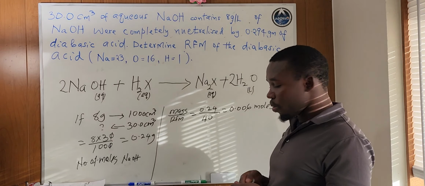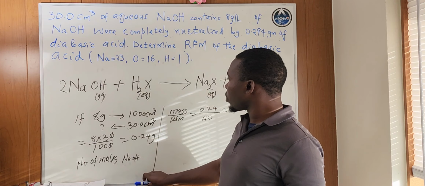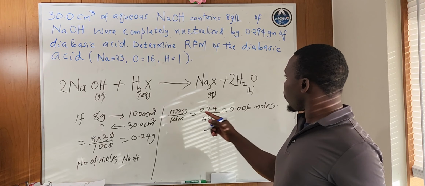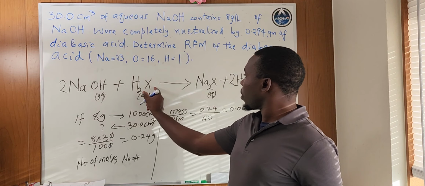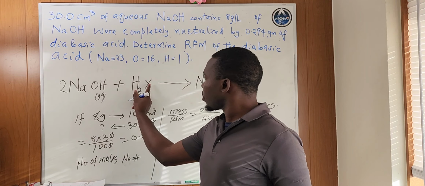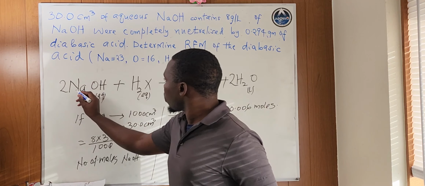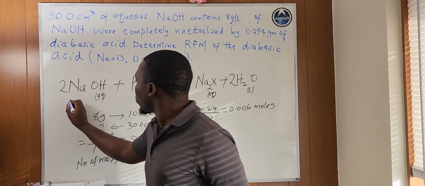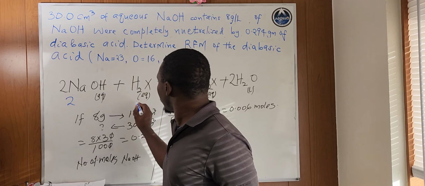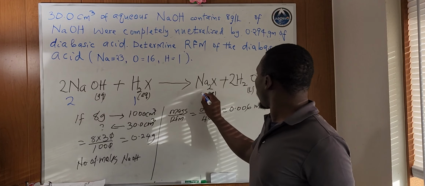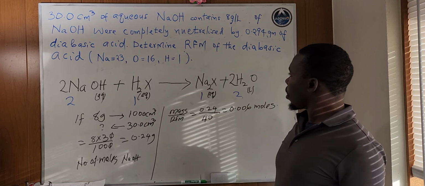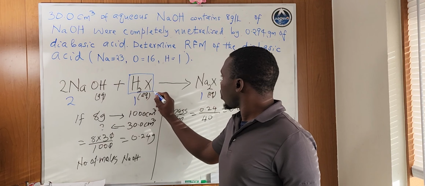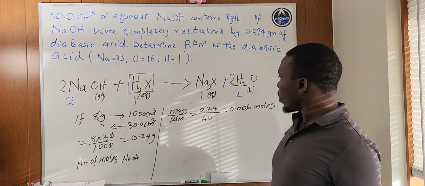Now, from here, we will use our equation to determine the number of moles of the dibasic acid that reacted. We know that the mole ratio is 2 to 1 to 2. But we are interested in the dibasic acid.